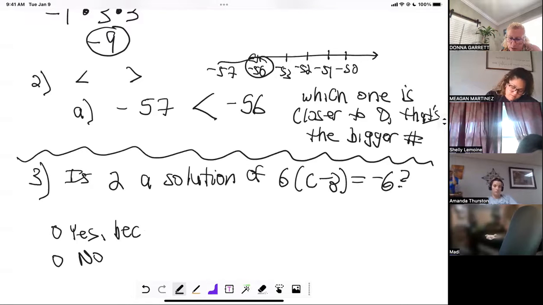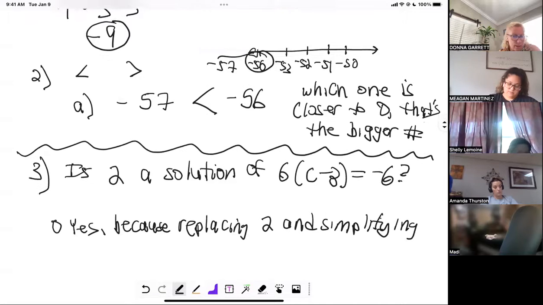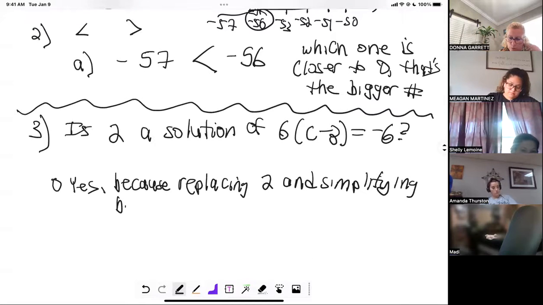Yes, because I'm going to have to erase this. I can't write that small. Okay, yes, because replacing c with 2 and simplifying both sides results in a box.